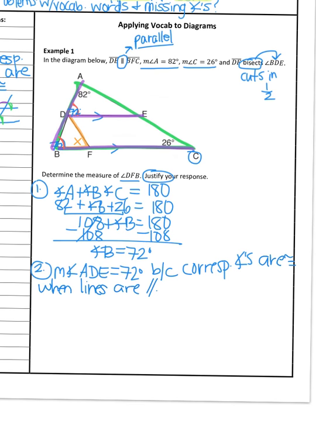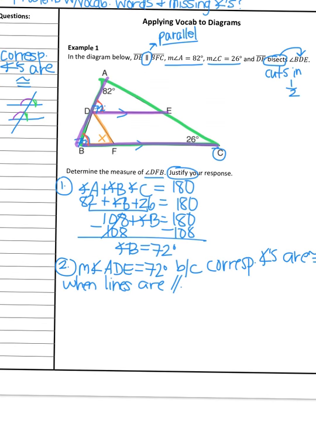Okay, so now we need to continue. Our goal is to get that orange angle X there, BFD. So how are we going to get that angle? Well, we need to look at this pair, actually these three angles that lie on this line right there.